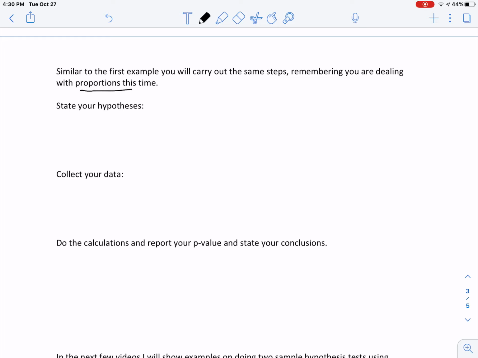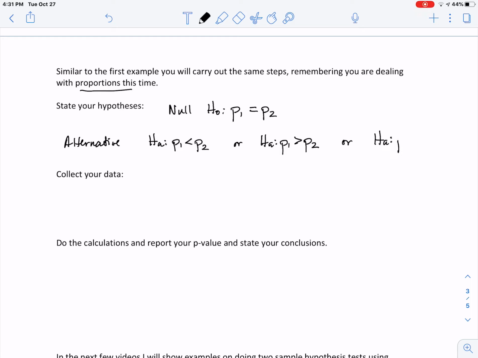So in this case, we have our two hypotheses. I have my null, just like with means, but now I'm dealing with proportions. So the proportion from group 1 is equal to the proportion from group 2. And then my alternatives, once again, I have three things that I could choose. My alternative is group 1's proportion is less than group 2's proportion, or we suspect that group 1's proportion is greater than group 2's proportion, or we are just testing to see if the two proportions are different.